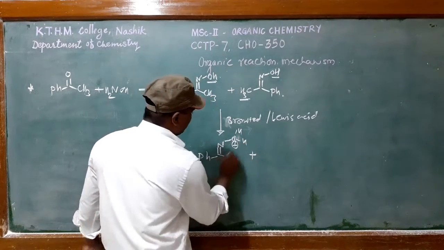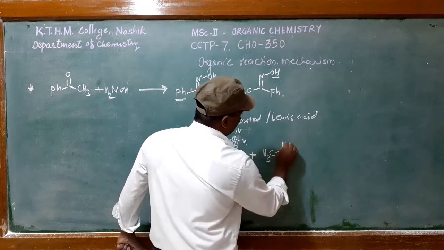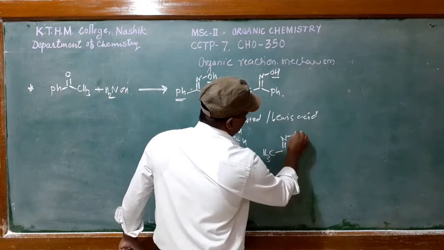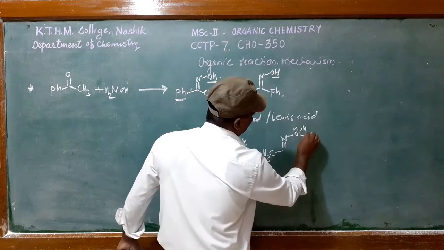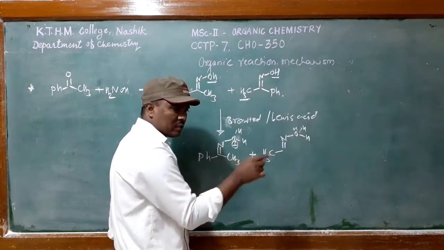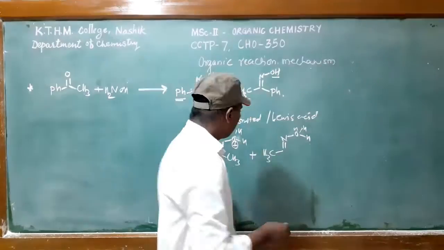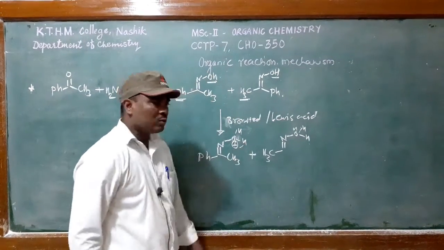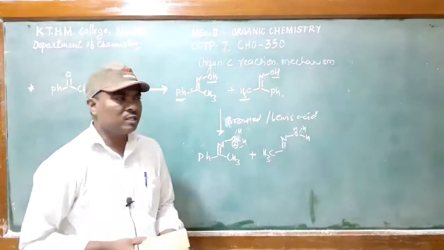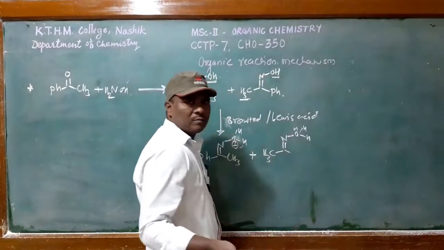In another isomer, write that also. If a Lewis acid is there, then this lone pair of electrons will accept the Lewis acid, and it will make this OH a good leaving group, as I have shown here by protonating it. It's similar later also. You may use PCl3 or PCl5.